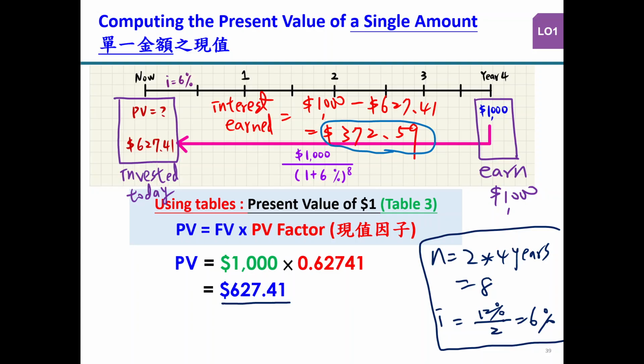Any questions? So based on these two cases, did you find out when I want to earn $1,000 after 4 years? Since in the second case the N is higher, means you have more interest occurring, right? So it's more frequent, then you will earn more interest. So you can invest a lower amount of money to earn the same amount, $1,000 in the future, okay? So for this case, when your N is higher, that means you can invest a lower amount of money.